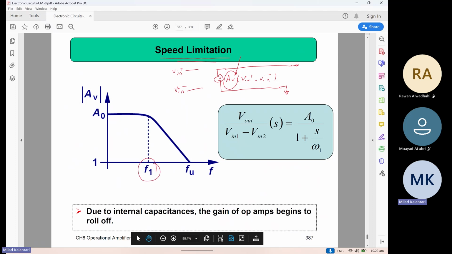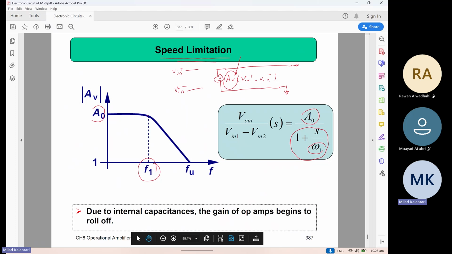The simplest model we can make is assuming that the circuit has just a single pole at a certain frequency. That means before the pole frequency, the gain is almost flat and at the high value that you want, like A0, right?